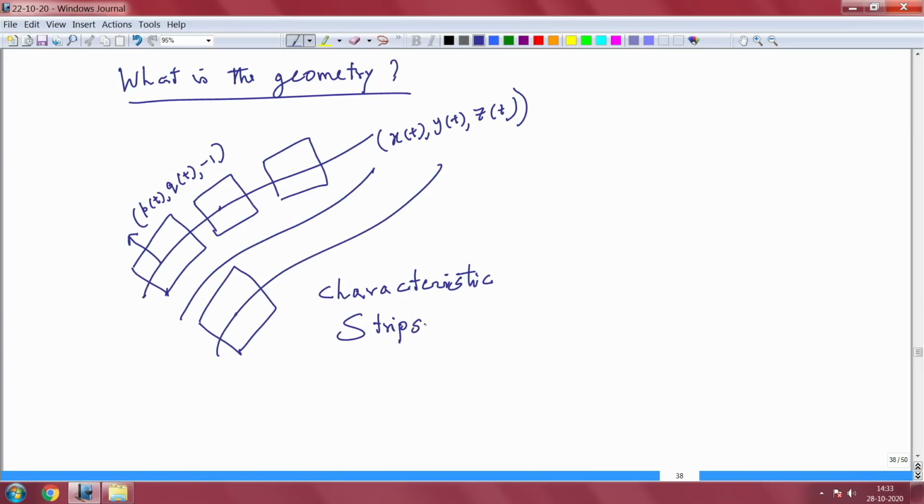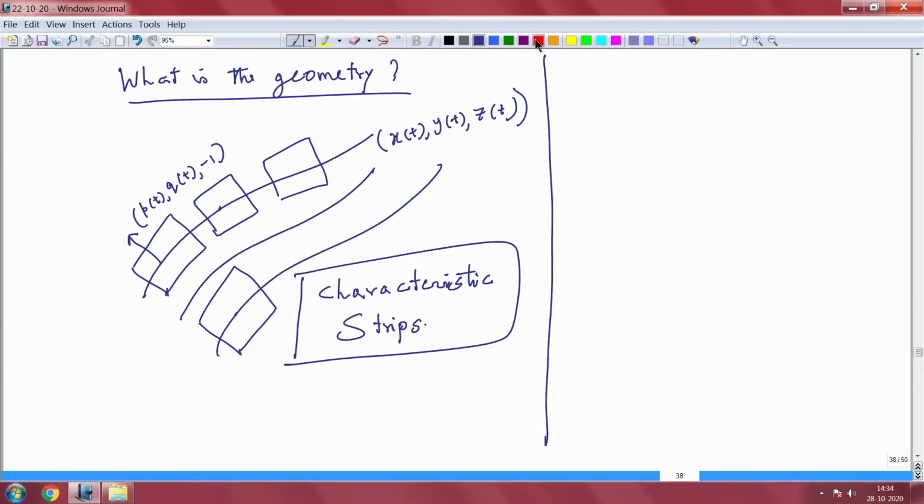Let me tell you once more. You have your lifted initial curve, gamma naught bar, which is nothing but x naught of s, y naught of s, z naught of s.